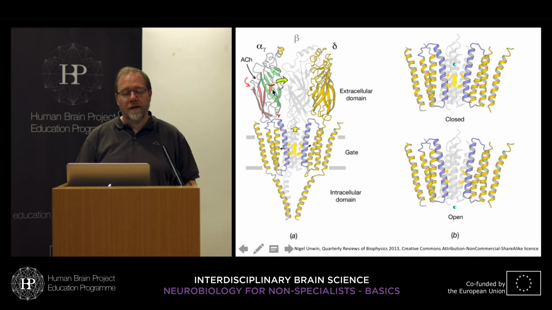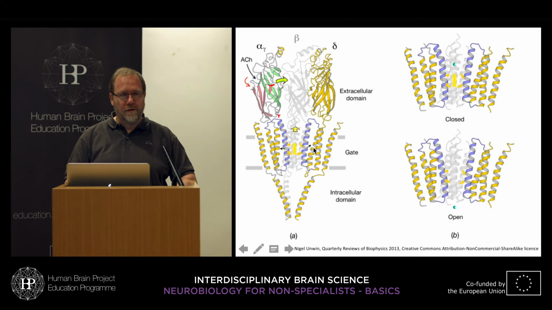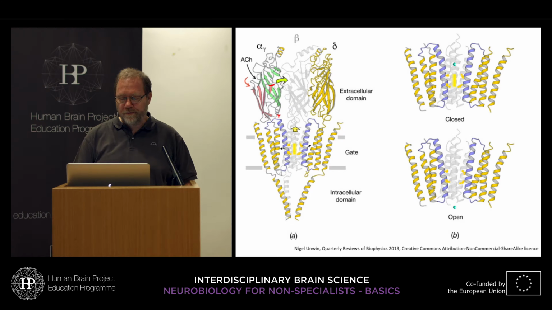This arm moves down here, the green moves a little bit in here. Through this we get some movement into this part, and the blue-indicated M2 transmembrane domains, the pore-forming ones, move to the outside. And this gives us the opening of the channel.